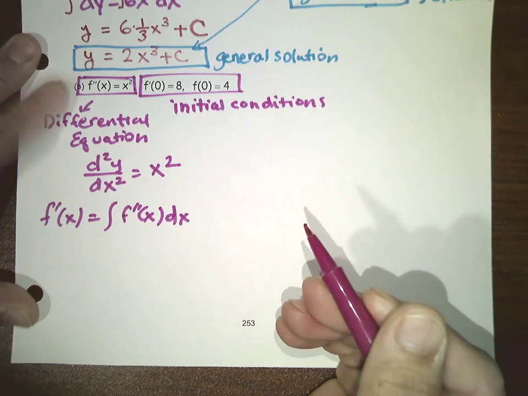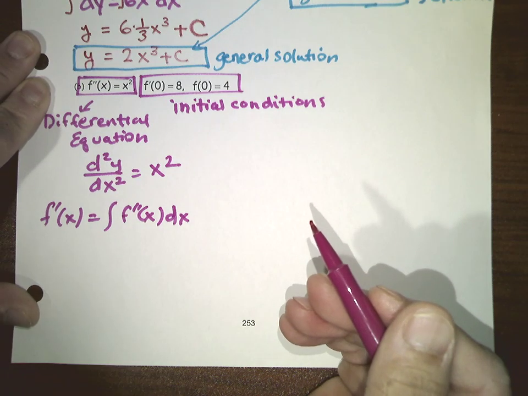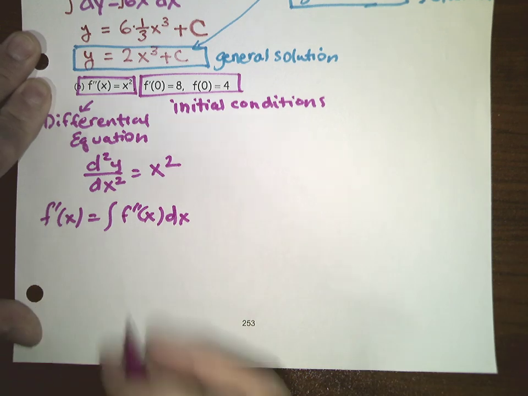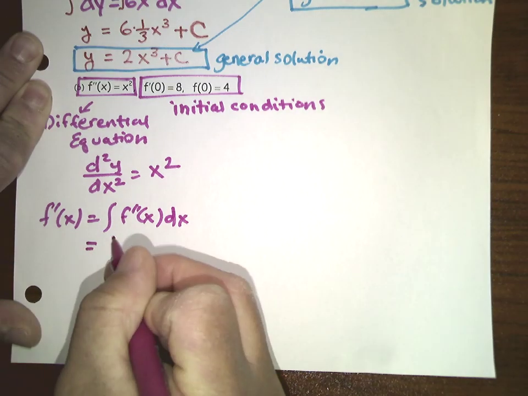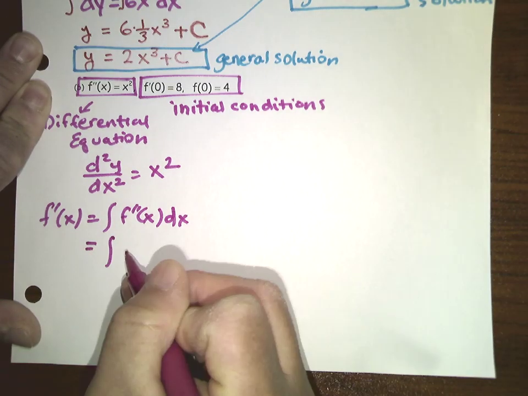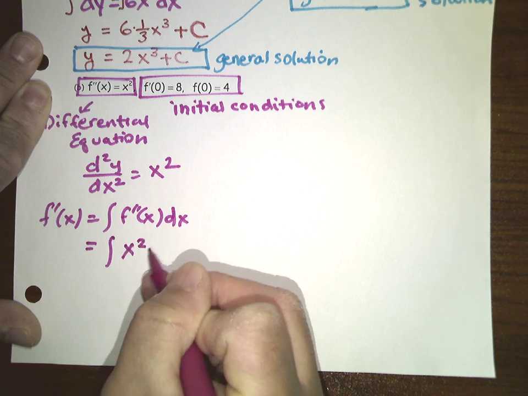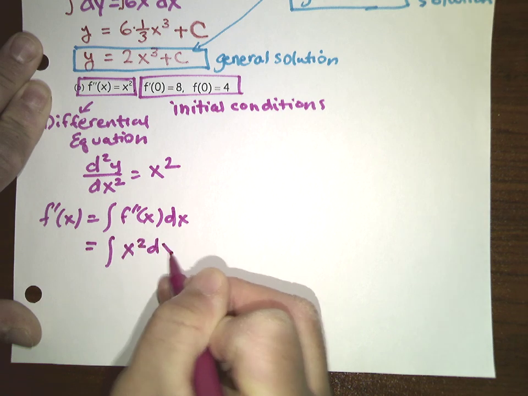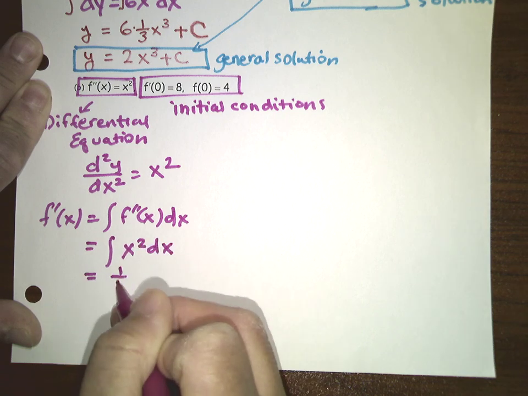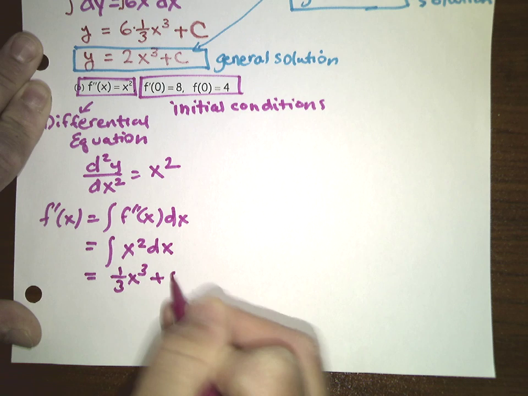So now if I do that, the integral of x squared dx will be 1/3 x to the third plus c.